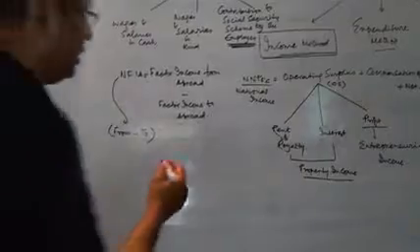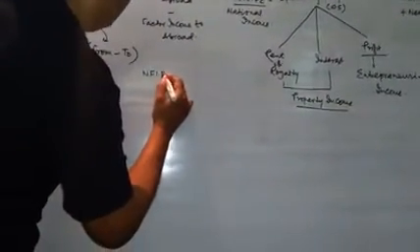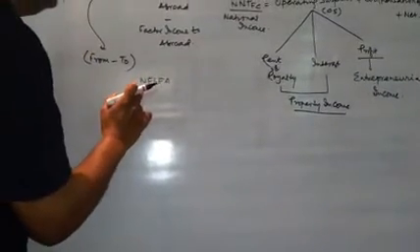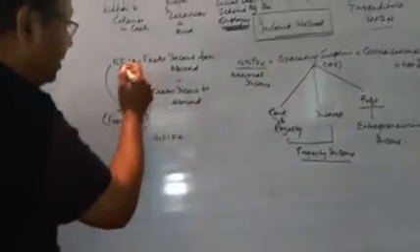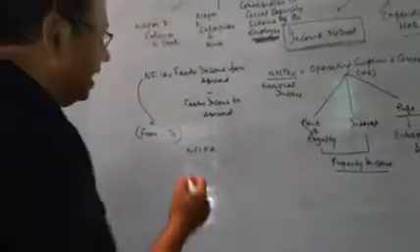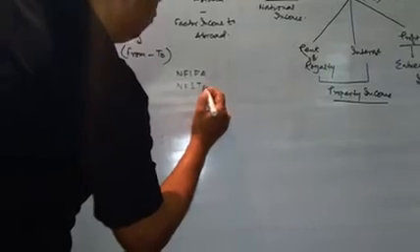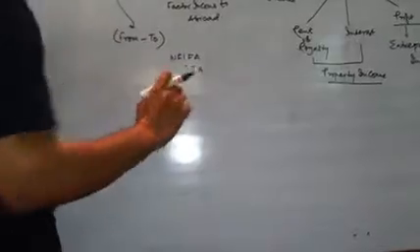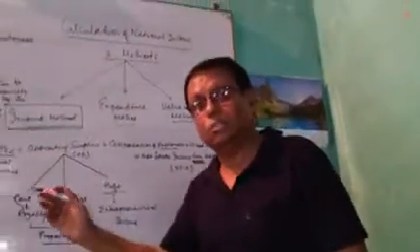Remember, there are two things: net factor income from abroad, NFIA, and net factor income to abroad, which is NFITA. You have to be very particular while doing the sum, whether it is from abroad or to abroad.